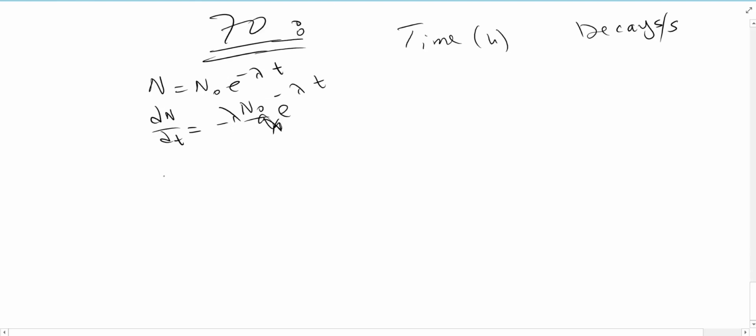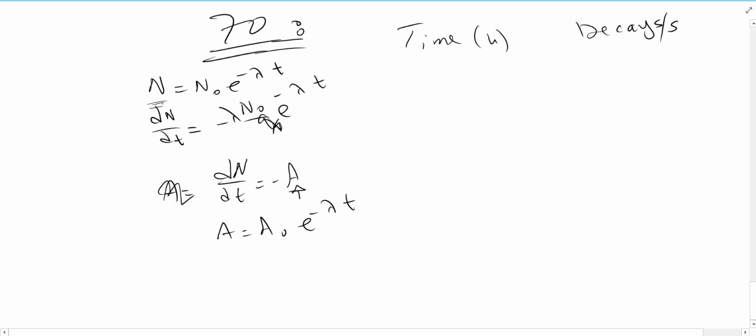This is the activity. By definition, dN by dt is defined as minus the activity, so the activity is given by A naught exponential minus lambda t.